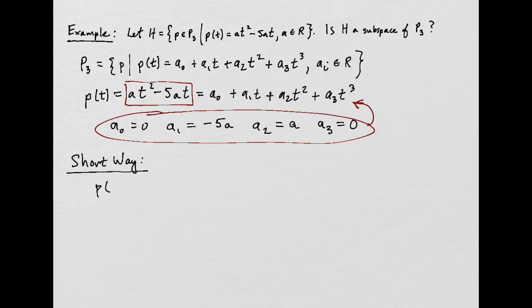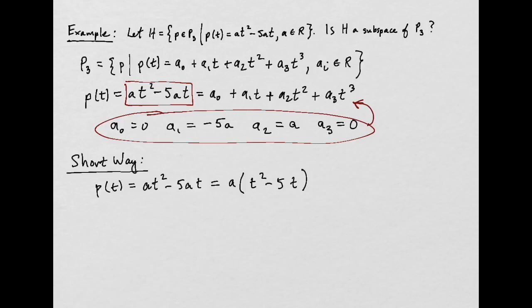We'll take a look at this polynomial p of t, at squared minus 5at. And notice that there's a factor of a in both terms here, which I can factor out. Call that a times the quantity t squared minus 5t.